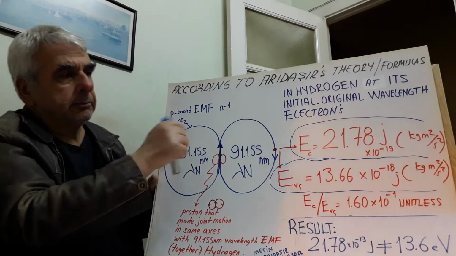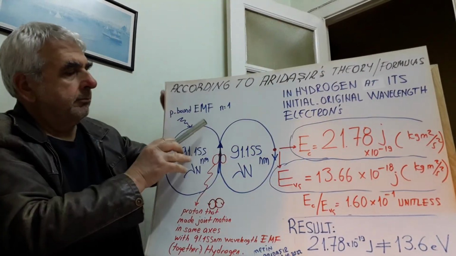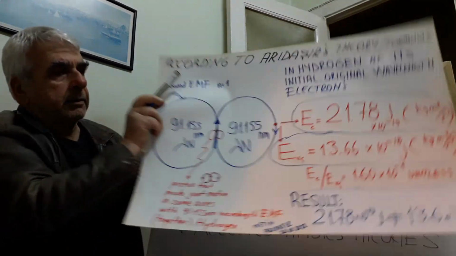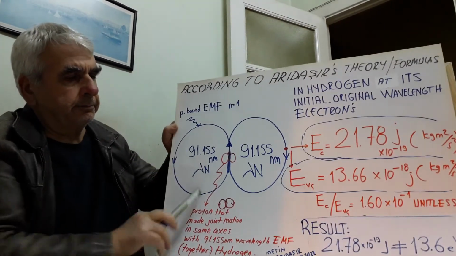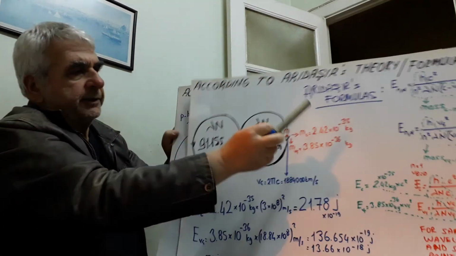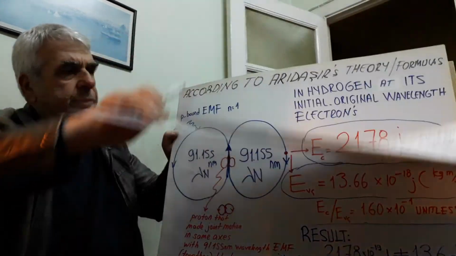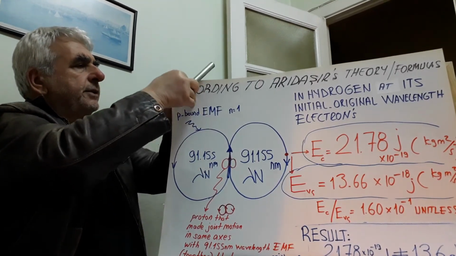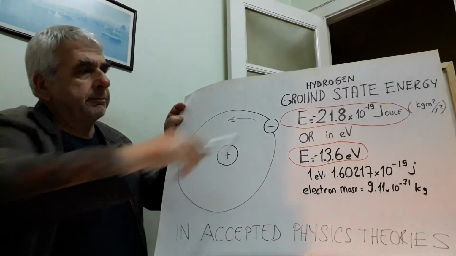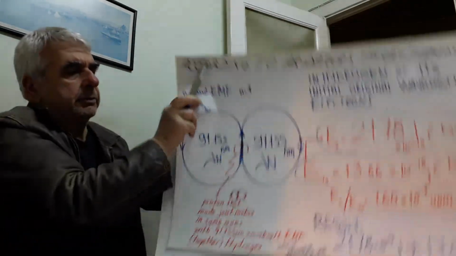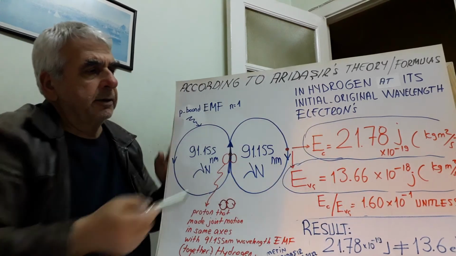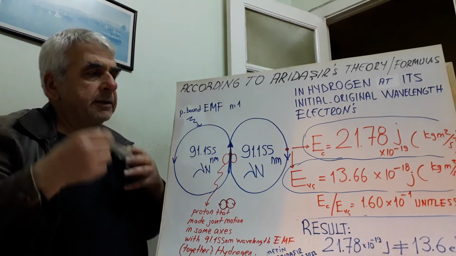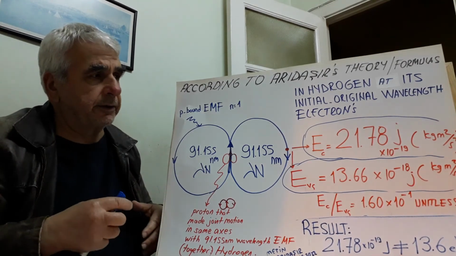But here, same figures, I have computed different masses from different masses, and units are same. In accepted physics, units are not same. But in my theory and my formulas, units same, energy is different, same point, different masses, different energies.